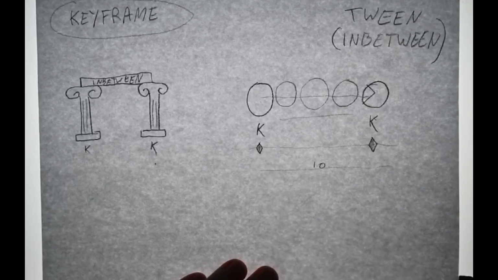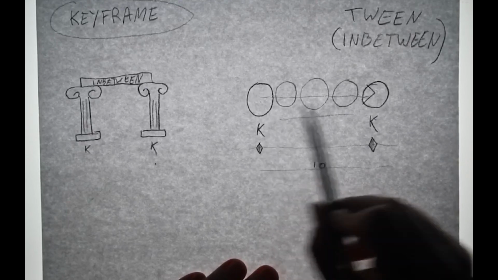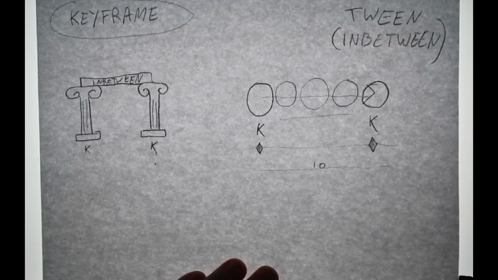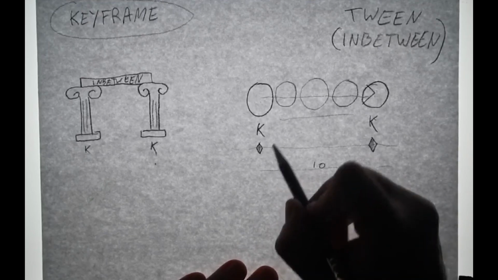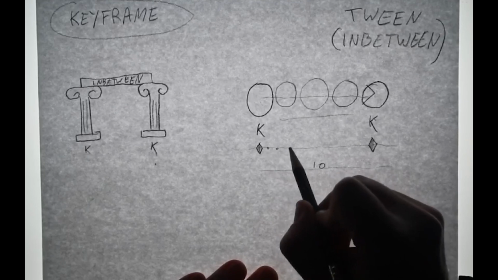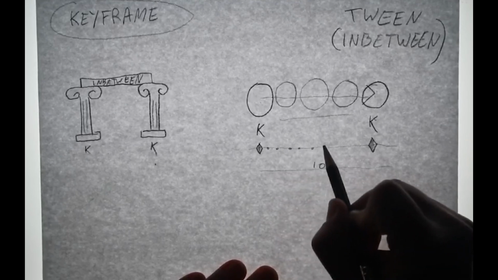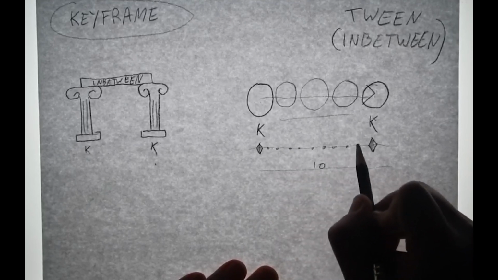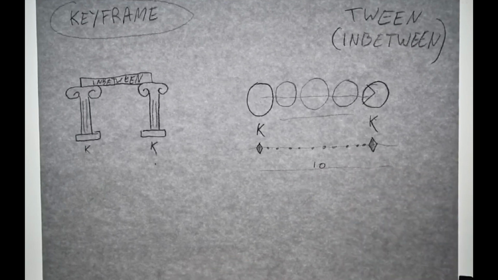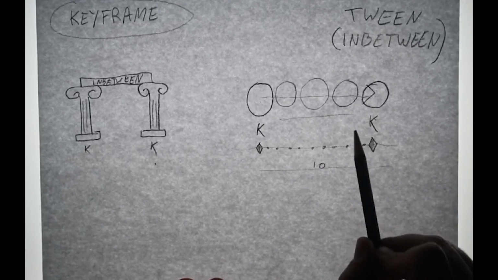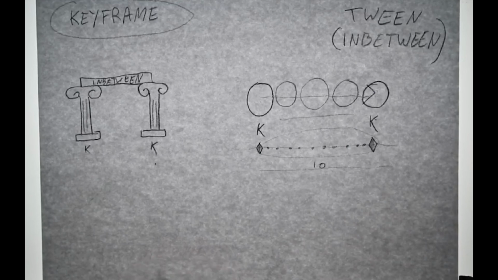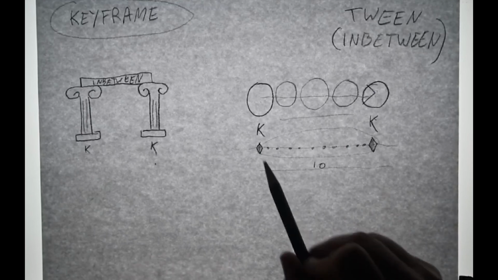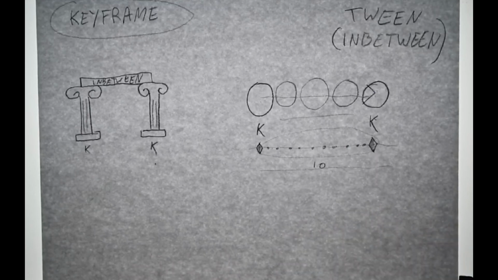It's going to interpolate the space between the keyframes as tweens. So if you wanted it nice and smooth, it would add lots of tweens. The tweens in After Effects are generated automatically between two keyframes.